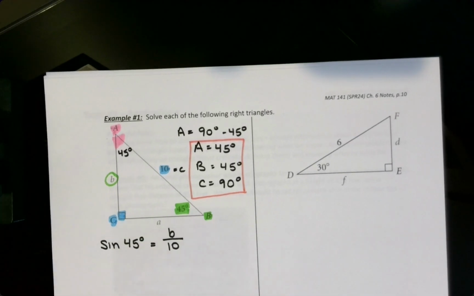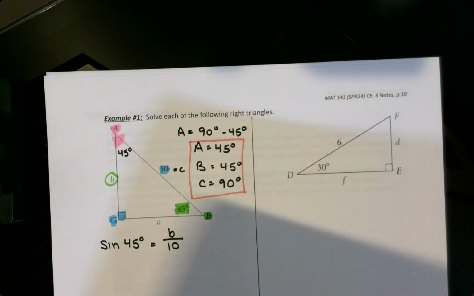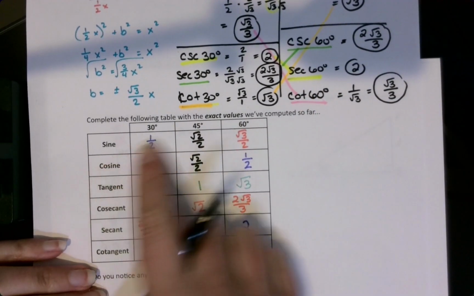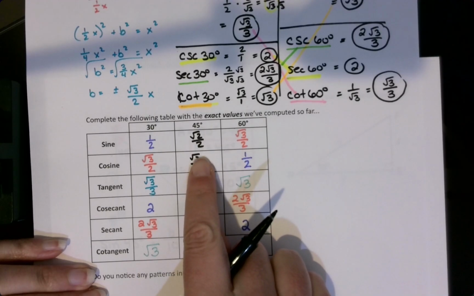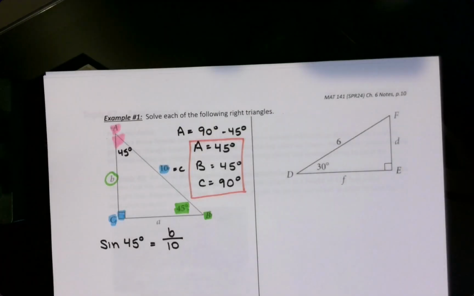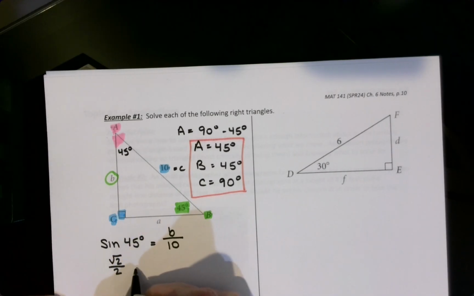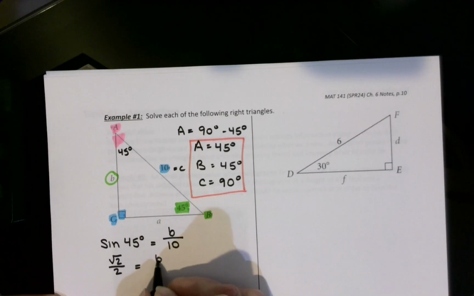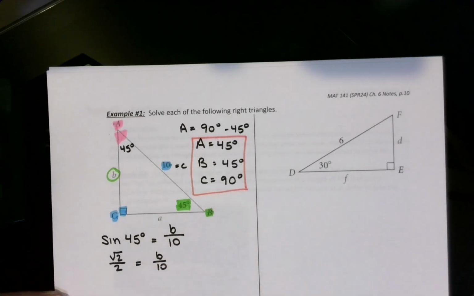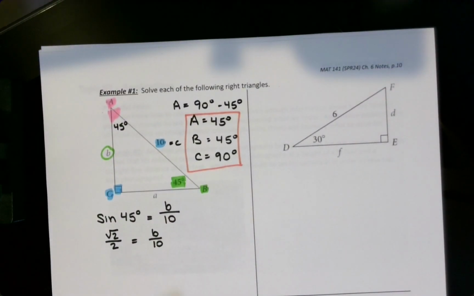Now, the sine of 45, that's one of my known angles. So if I look back at my notes from my previous section, we'll remember that the sine of 45 degrees is equal to the square root of 2 over 2. So we'll replace sine of 45 with square root of 2 over 2. That's equal to b over 10. And then to solve for b, we're going to multiply both sides by 10.